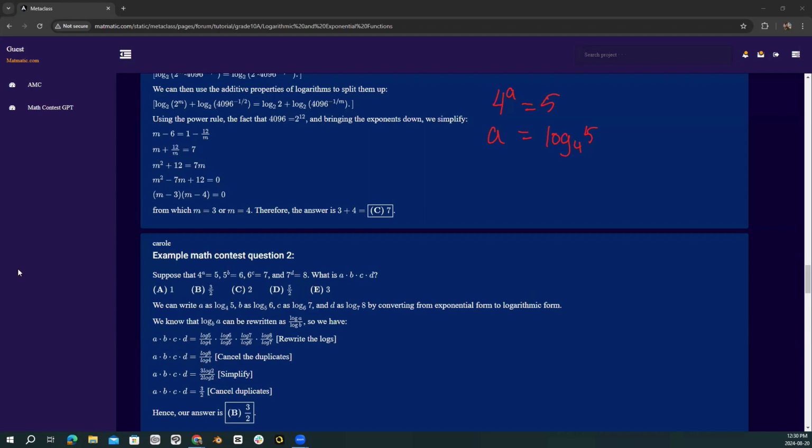Now that we've converted all of our exponents to logarithmic form, we also know that we can change the base by using this formula right here, as I taught in my last class.